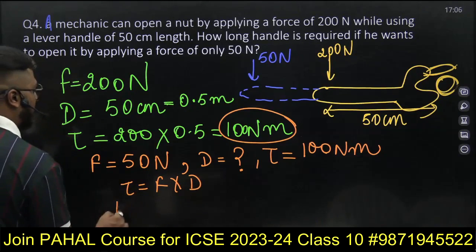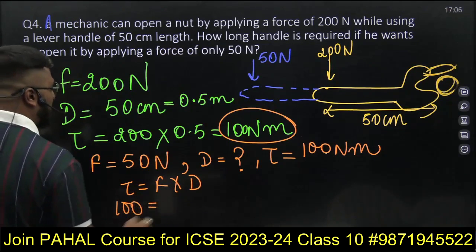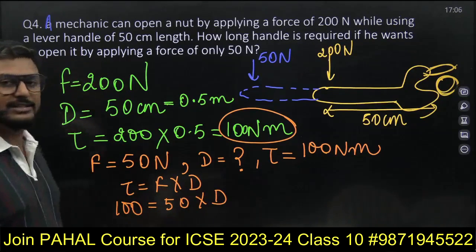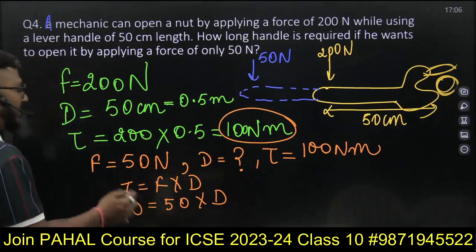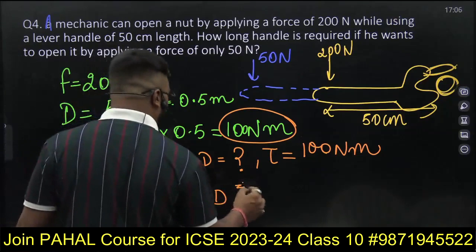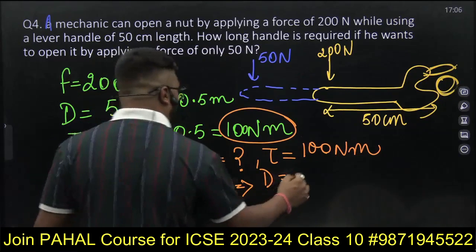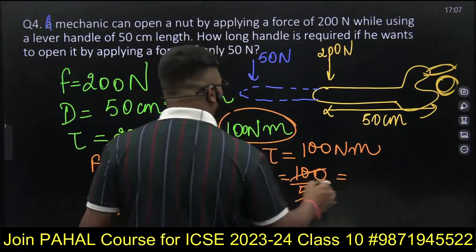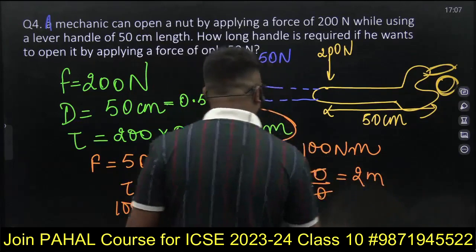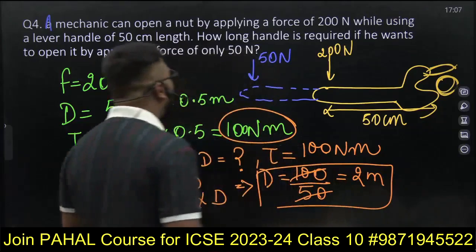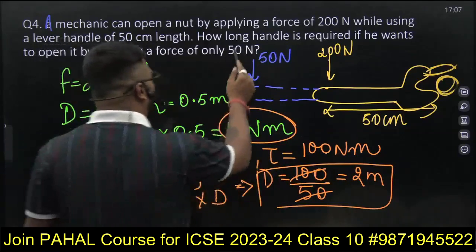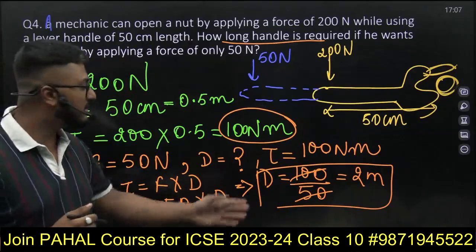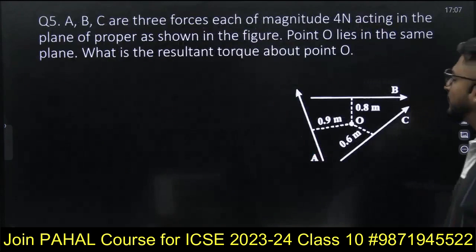Tau is equal to 100 Newton meter, which is equal to force 50, multiplied by the distance D. So let the distance be D. Now let's find out the value of D. So D will be equal to 100 divided by 50, that is equal to 2 meter. So the question says how long the handle is required. So the handle should be around 2 meters in length. Is this clear? Move to the next question now.